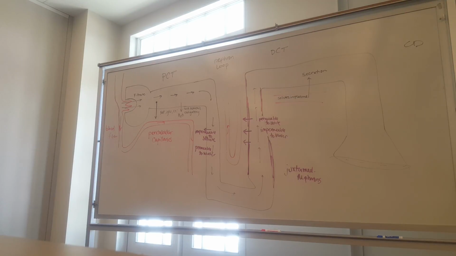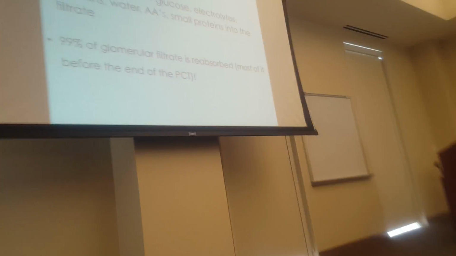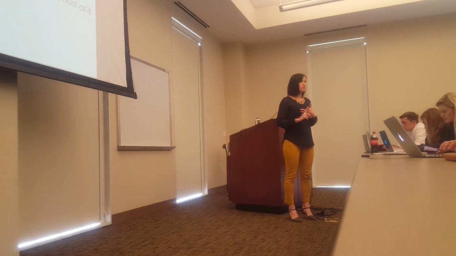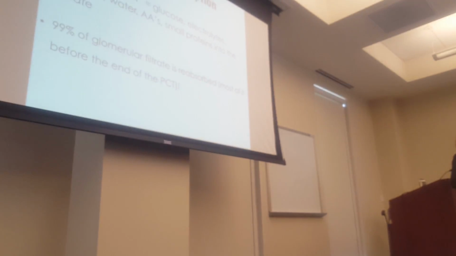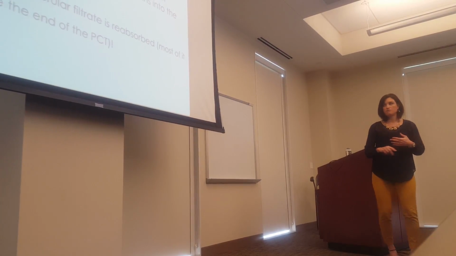Glucose, electrolytes, vitamins, water, amino acids, and any small proteins that happen to get into the filtrate will hopefully be reabsorbed as well. Most of your filtrate is reabsorbed before you even get to the loop. All of the glucose you reabsorb is done in the proximal convoluted tubule.